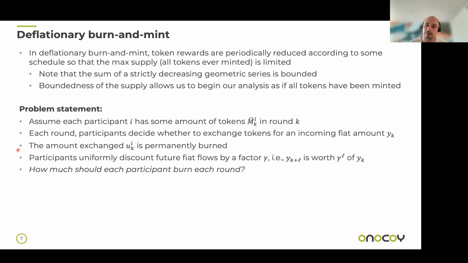There's some revenue coming in from people who need to get some direct credit tokens, and then they need to say, okay, how many tokens will I exchange for this revenue? Because I want to capture some of this revenue. If I don't exchange my Onos, then I'm a hodler and I don't get anything except from the price appreciation of the token.